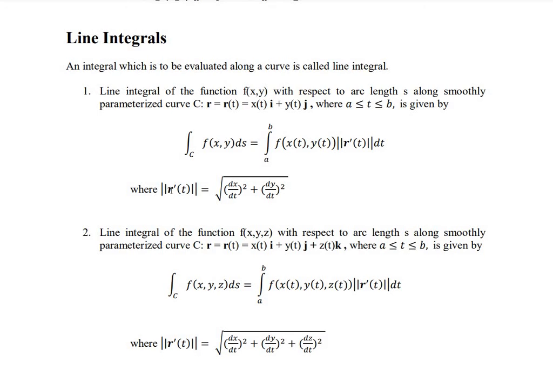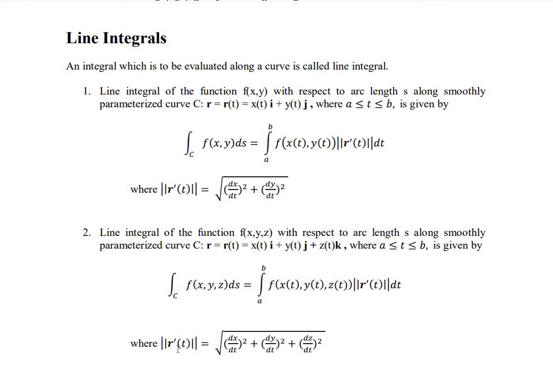Where norm vector r dash of t is equal to root of (dx by dt) the whole square plus (dy by dt) the whole square. Similarly, in the case of f of x y z, the line integral of f of x y z with respect to the arc length s along the smoothly parametrized curve C, from vector r of t is equal to x of t into i cap plus y of t into j cap plus z of t into k cap, where t varies from a to b, is given by integral C f of x y z ds, integral a to b f of x of t, y of t, z of t, norm r dash of t dt.